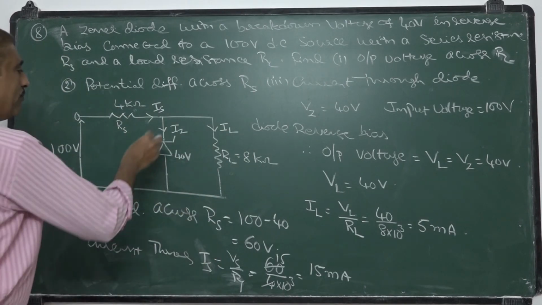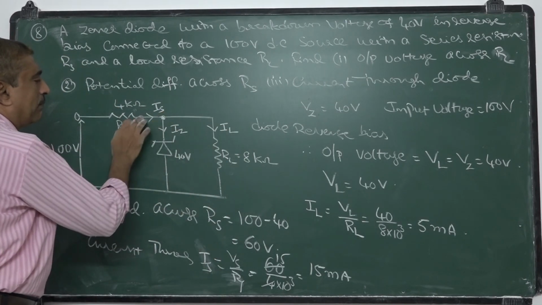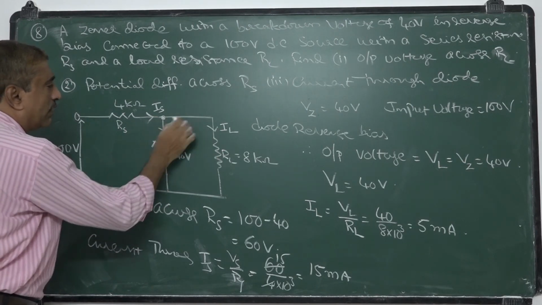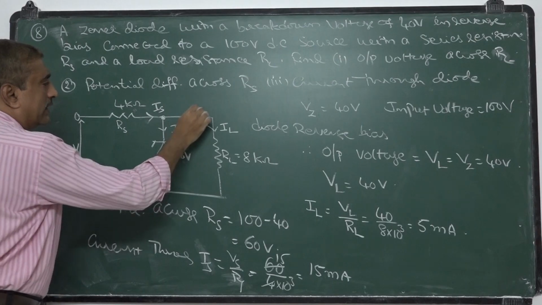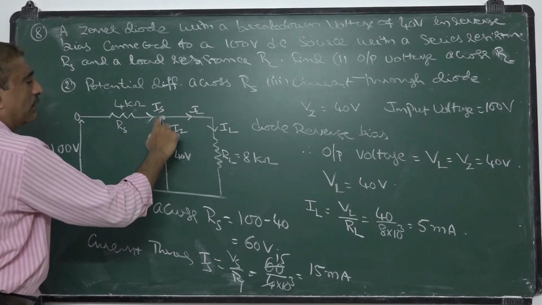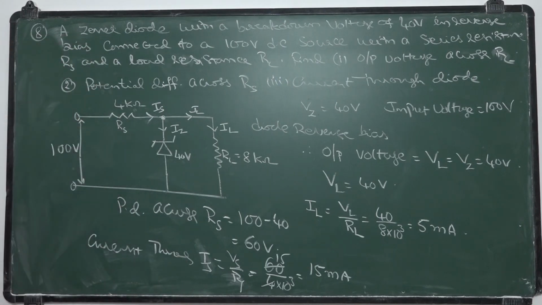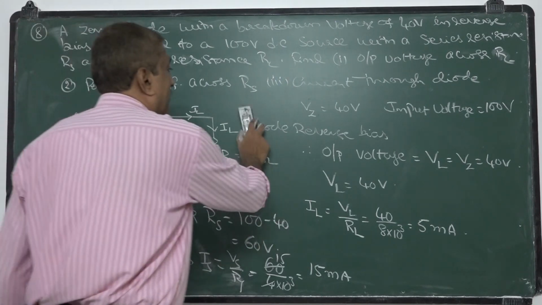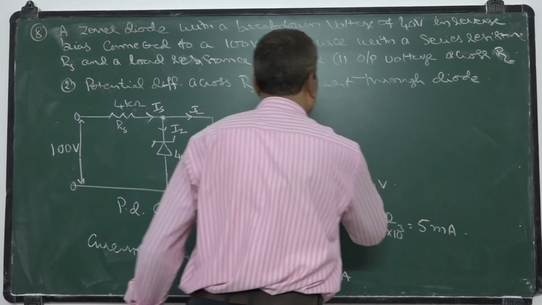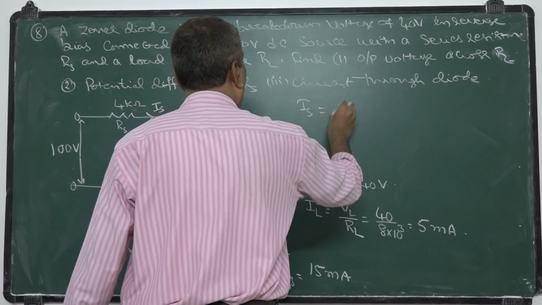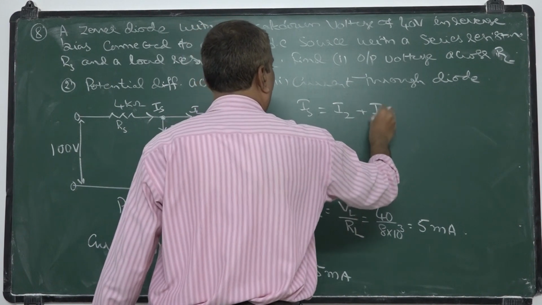Okay. Now at this junction, applying Kirchhoff's law, this is the incoming current to the junction, these two are outgoing currents, because here it is IL. So applying Kirchhoff's law at this junction, we can write Is is equal to Iz plus IL.